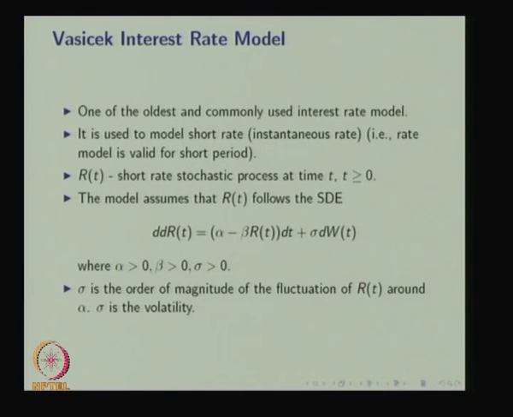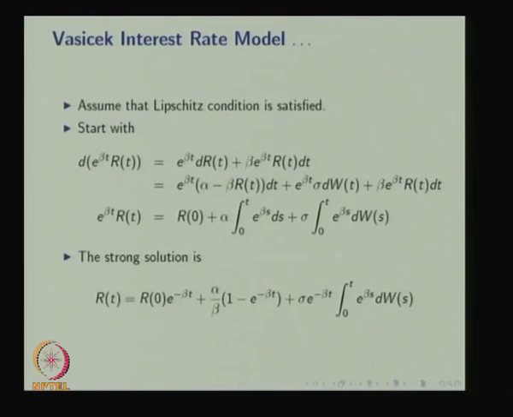You substitute d r t from the previous stochastic differential equation, so it is e power beta t, d r t replaced by the given stochastic differential equation, plus beta times e power beta t r t dt.